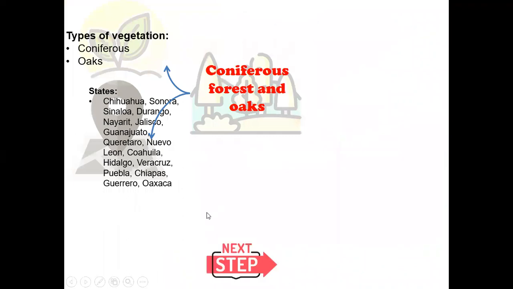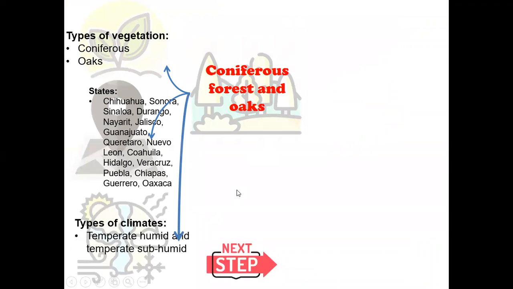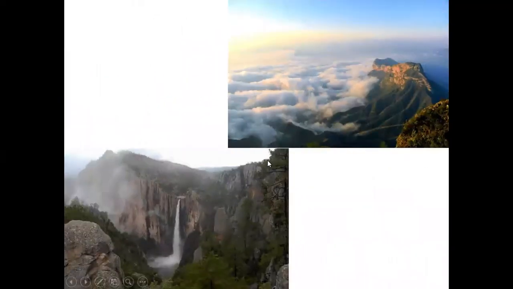The type of climate that you will find at a coniferous forest is temperate humid and temperate subhumid, which is temperate because obviously we are in higher latitudes.